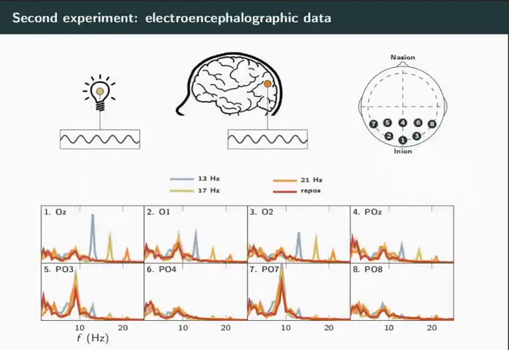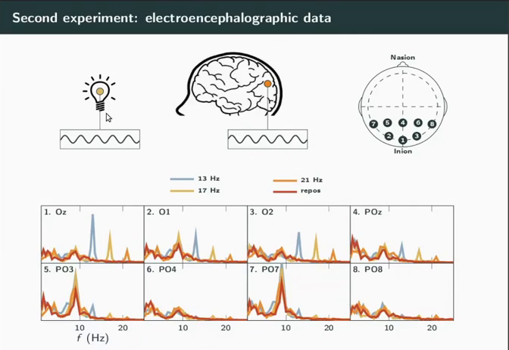Okay, so the second experiment is on electroencephalographic data, where we have considered some SSVEP data. The idea behind this data is using a fact of the brain. If you take some light and you make it blink at a certain frequency, then at the back of the brain there will be some electrical activity at the same frequency as the blinking of the light.